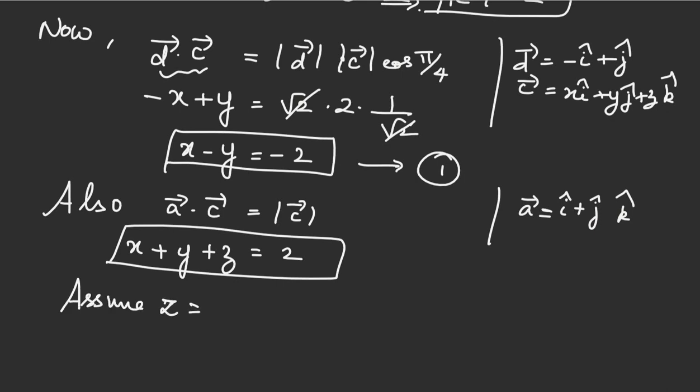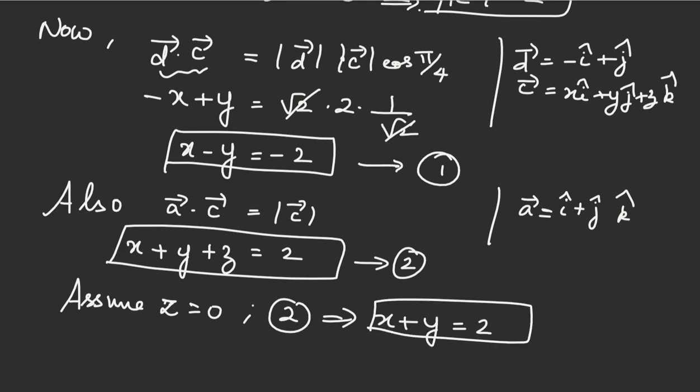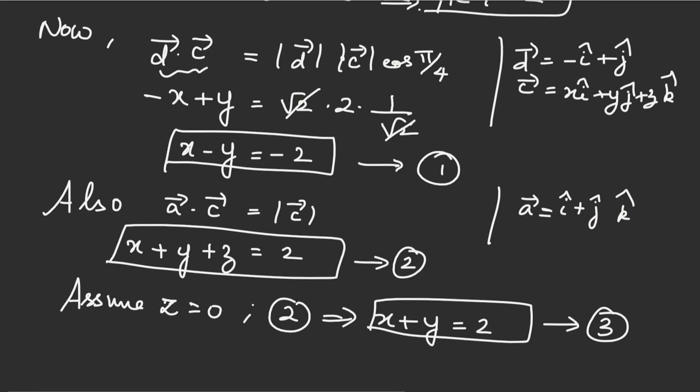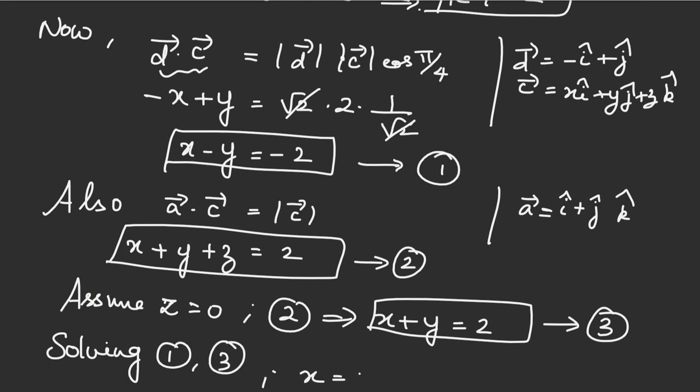If I take z is equal to 0, equation number 2 becomes x plus y is equal to 2. I take it as equation number 3. Now solving 1 and 3, we can find the values of x and y. So solving 1 and 3, we get x is equal to 0 and y is equal to 2.